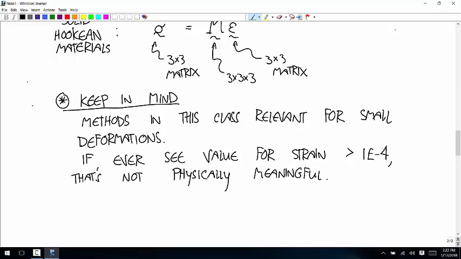But I am going to do examples where we're going to get strains bigger than that, just as I demonstrate how you do these calculations. Okay, but think of that as sort of a cutoff. Real strain values that you do on steel are going to be something times 10 to the minus 6. And if you get values bigger than that, the metal has moved out of the range where this approach is useful.